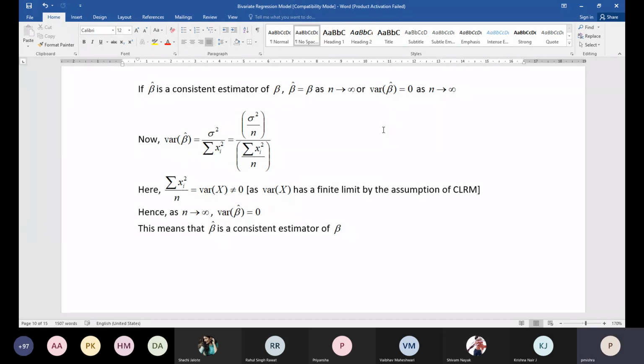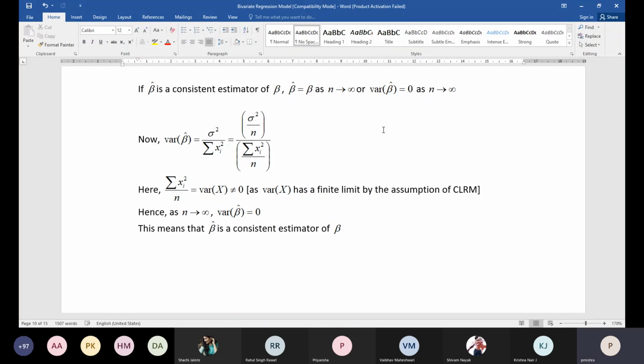Now what has happened here? I have done it basically for beta hat. You need to do it for alpha hat, and this you do during the next 5 days. We'll have a break in this course because my next class is on Monday.